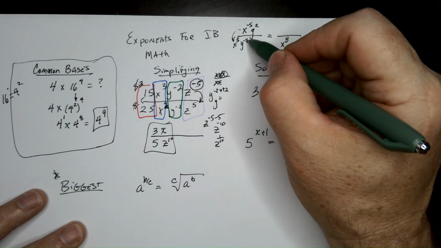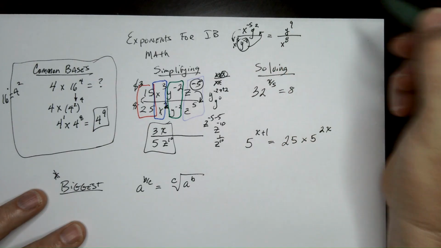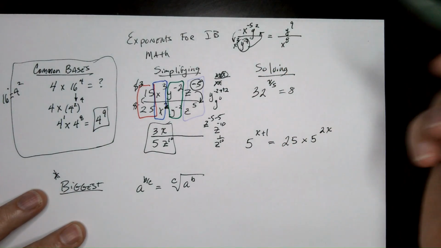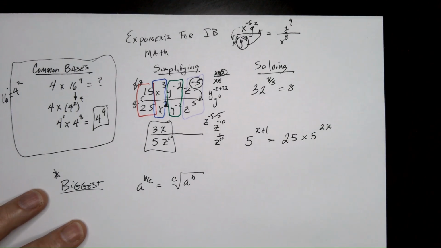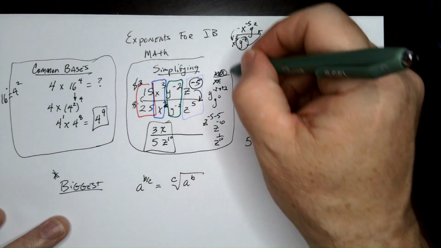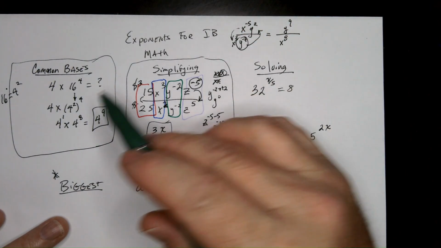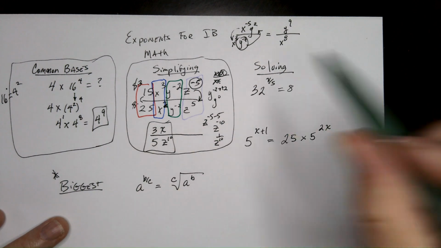This y to the -7, it's going to go up to the top. There's already 2 of them, so that's 9. That's how I think about it. It seems to be very fluid and pretty simple if I do it that way. But nevertheless, simplifying, we're done. Now, solving for something like this involves both of these things.